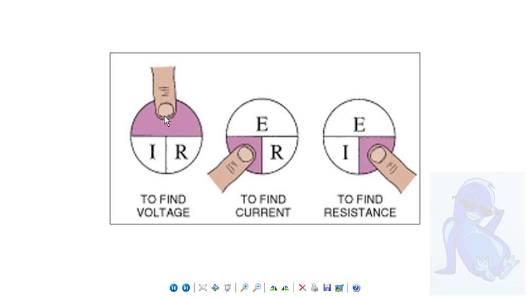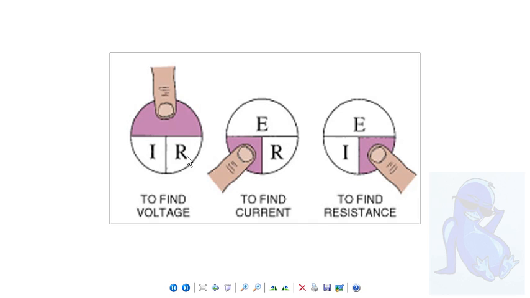Now if you cover up the E with your thumb, then it'd be I times R to find the voltage. So E, EMF, or V, voltage, that's what this is. So E equals I times R, amps times the resistance. To find the current, cover up the I, and then I would equal E divided by R, or your volts divided by your resistance, and your resistance is measured in ohms.